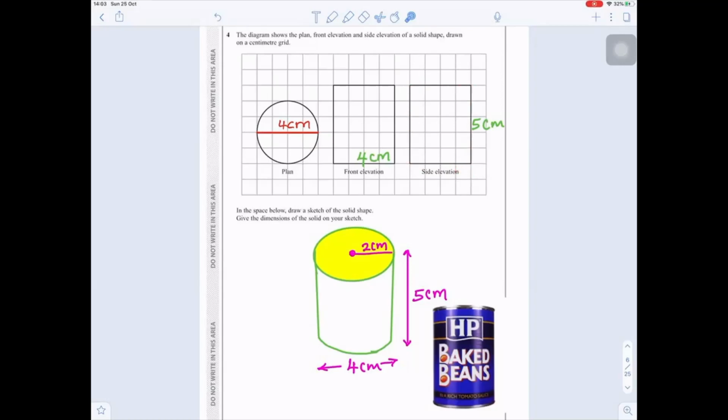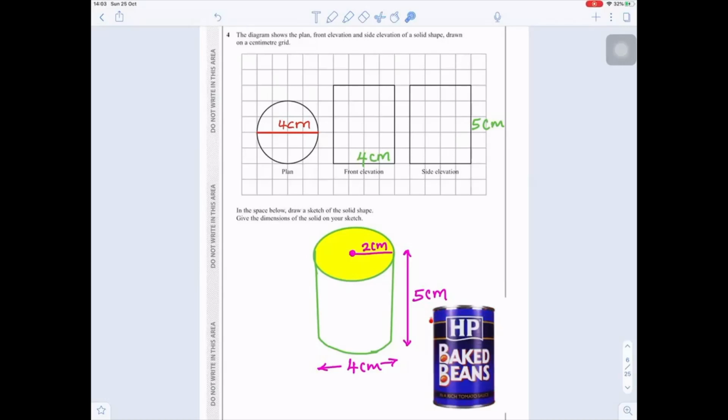So to draw it, that's the plan from the top, the yellow part, and it's like the top part of a cylinder, of this tin of baked beans. When you look from the front of it, you see that label, that rectangle.